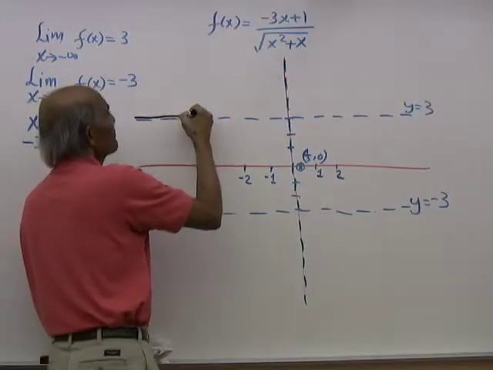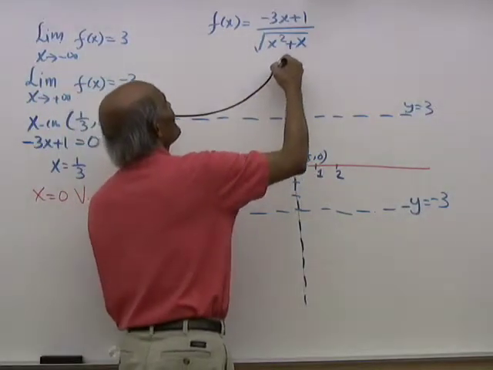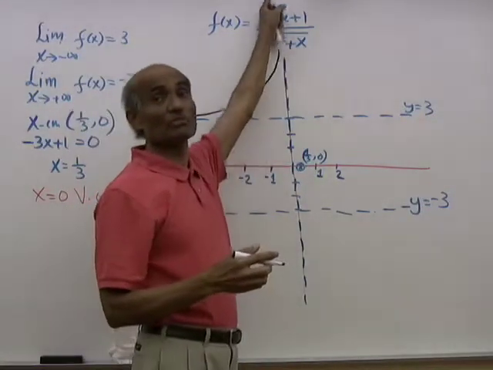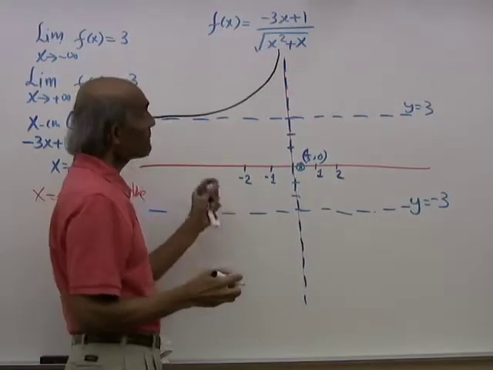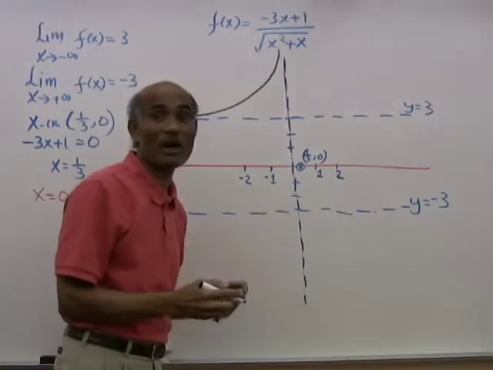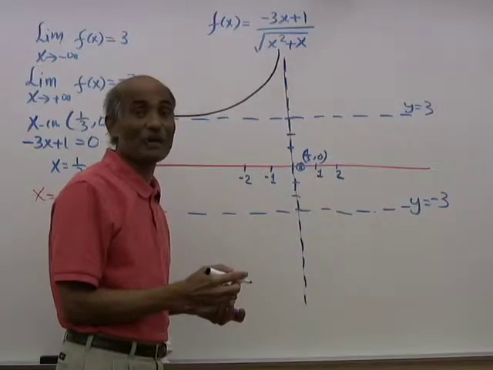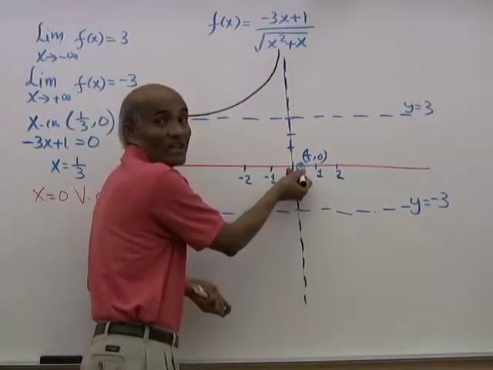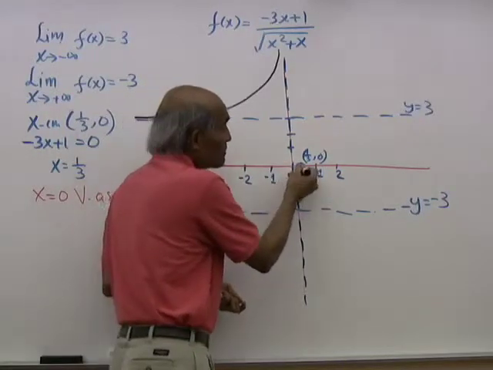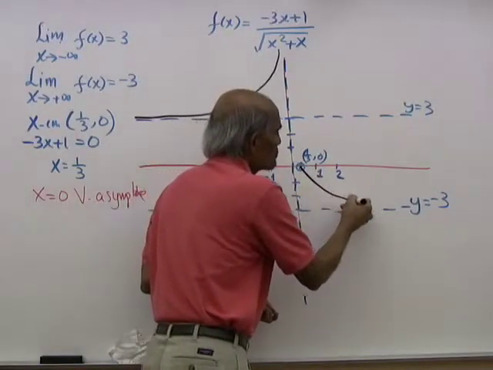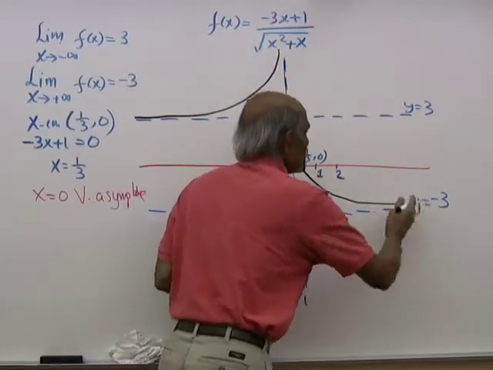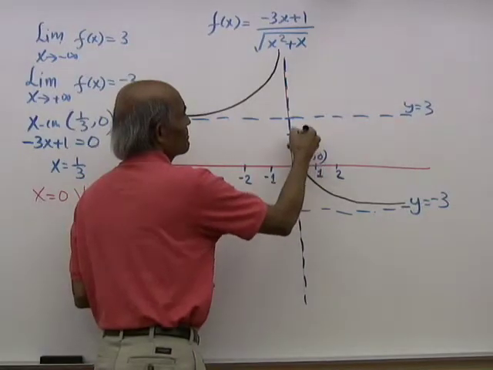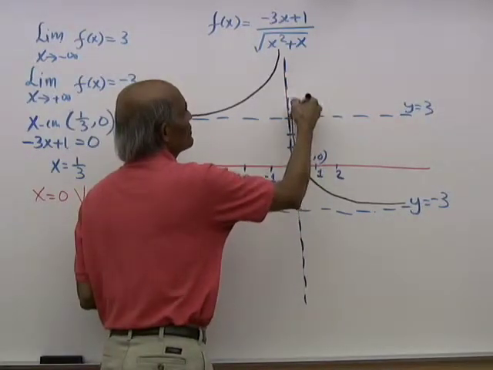Therefore, the graph will go like that. You see? On the left of the vertical asymptote, the function goes to positive infinity. Now that means on the other side, it must come from somewhere. Now, if it is going to cut the x-axis here, and it's going to go along, say, y equal to -3 for positive x values, then the graph must be going like this, you see.